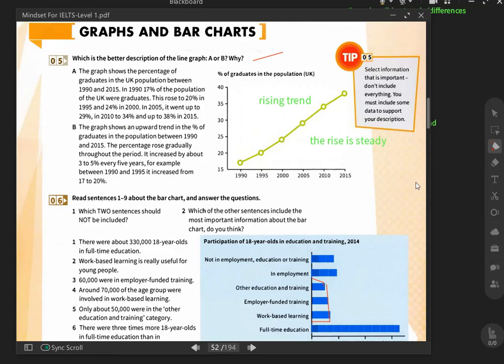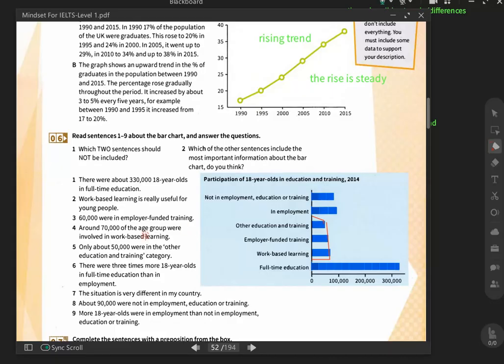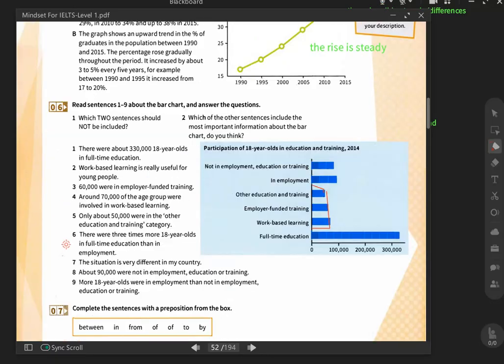I don't need to add every figure or number. So it's extra. And six. So this one no, this one no, this one no. This one definitely no. This one yes. Okay, six.